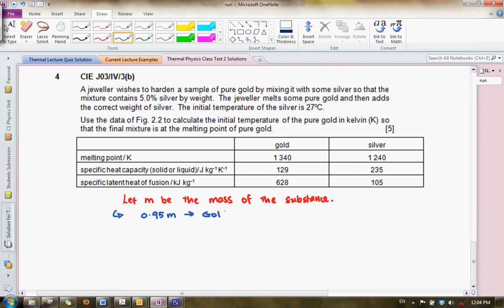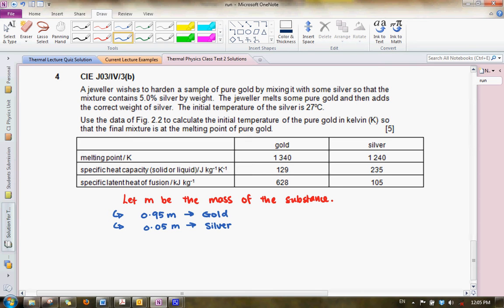So that would be 0.95 M. And then 5% would be silver. A common error that a lot of students made here was they let M be the mass of gold and then 0.05 M to be the mass of silver, but that would not make up 5% silver. It would actually be less than 5% silver.